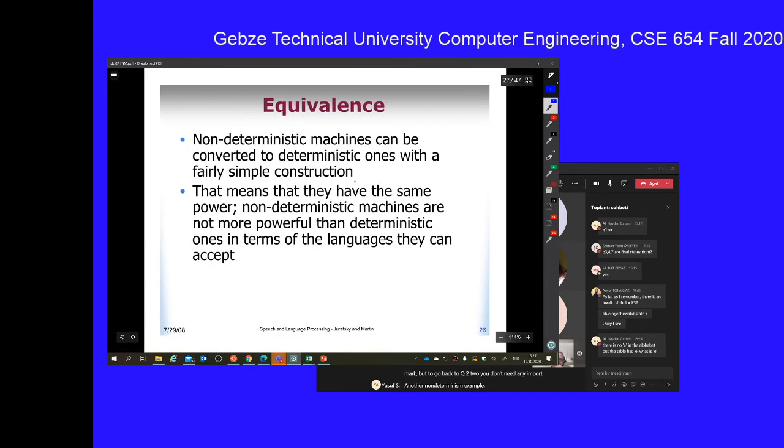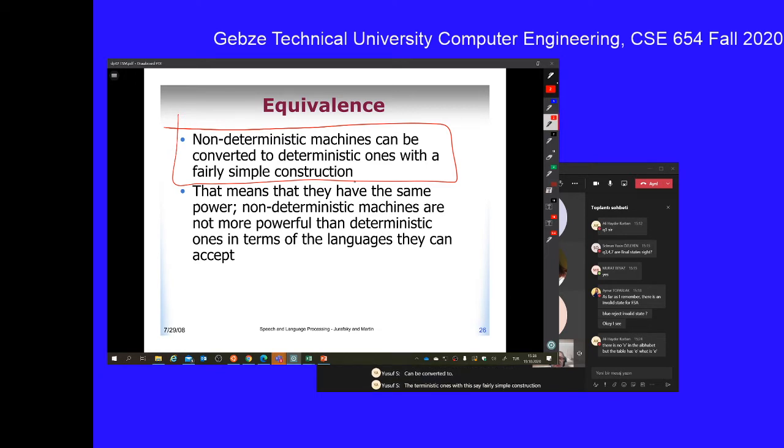Okay. This is a very important piece of information. Non-deterministic machines can be converted to deterministic ones with a fairly simple construction. That means that they have the same power.